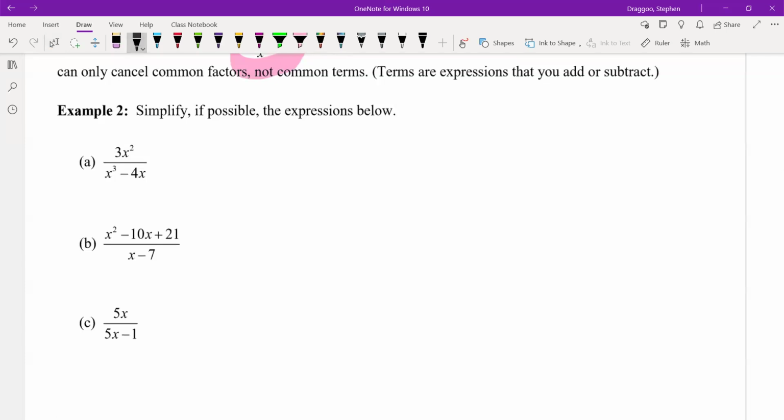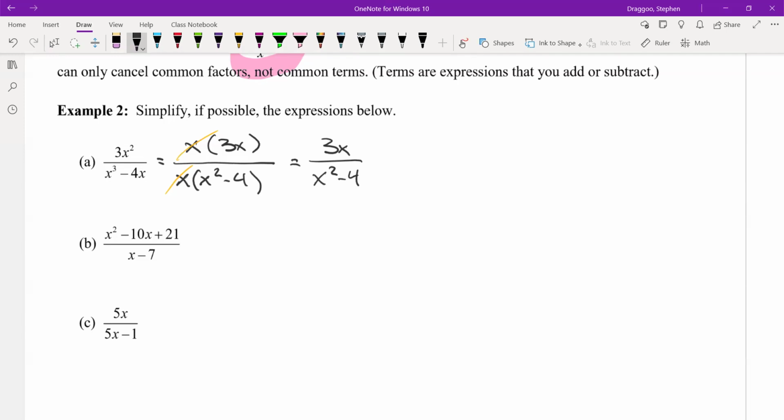So if I look at my next example, this one right here, part A, does have an x in every piece. So I can cancel an x between top and bottom. And it would look something like this. Because that x is factorable, I can pull x's all the way out and then notice that those x's reduce, leaving me with 3x over x squared minus 4.